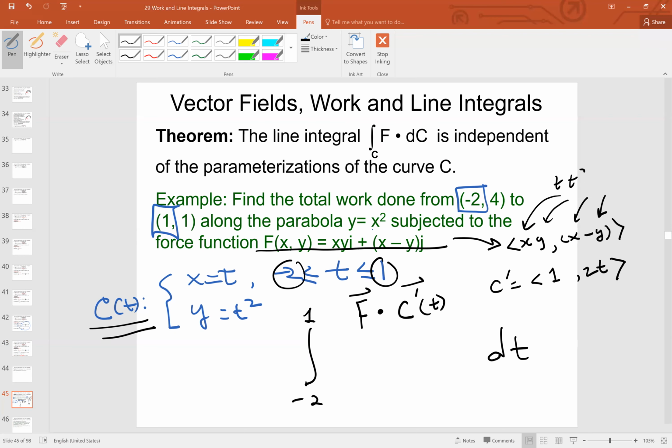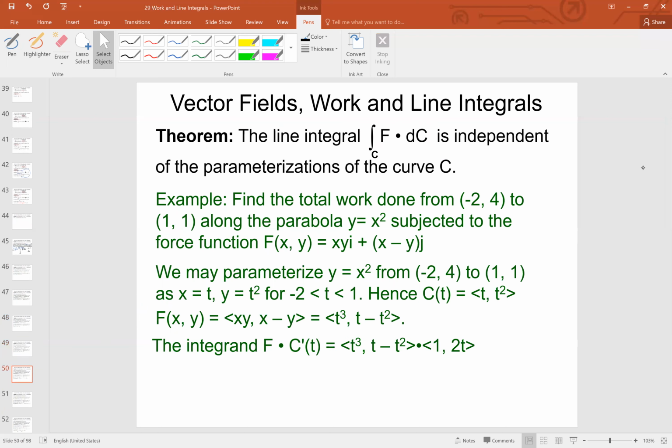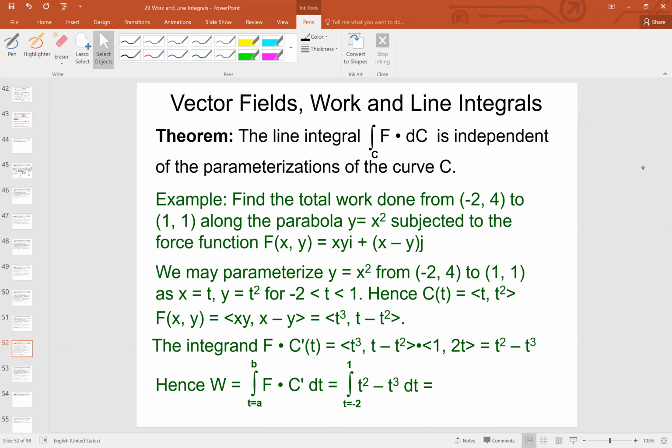It's t squared, t, so t squared, everything back in t. I got this: t cubed, t minus t squared, dotted with 1, t. And I'm integrating that from -2 to 1, and that's the total work.